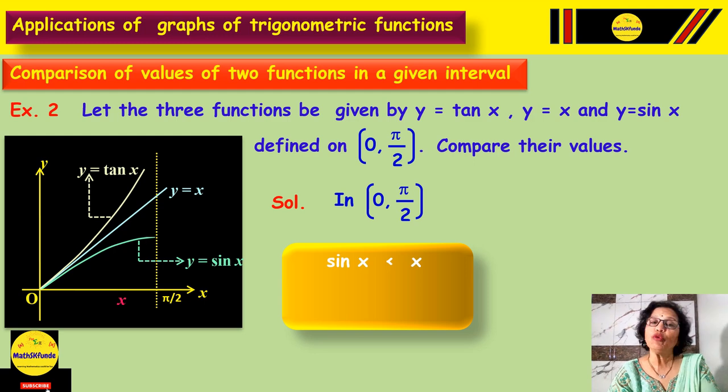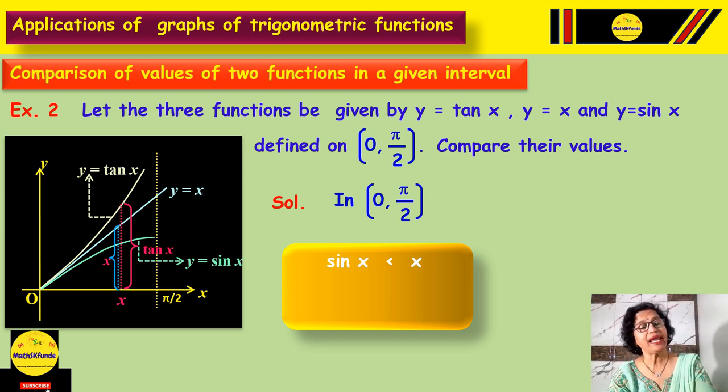Now we move further from here, and we will try to see what happens between the graphs of y equal to x and y equal to tan x. The blue dotted line still works for that x, and the pink dotted line which comes from the graph of y equal to tan x represents tan x. Now which is bigger?